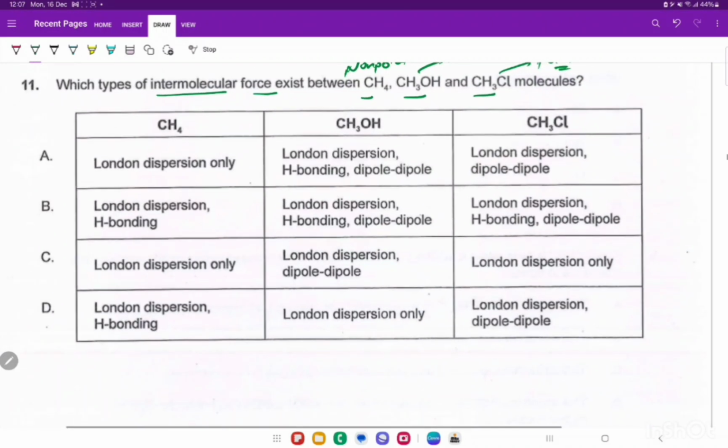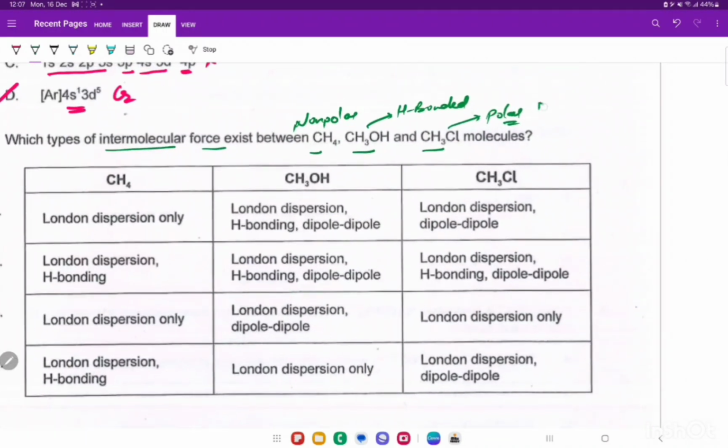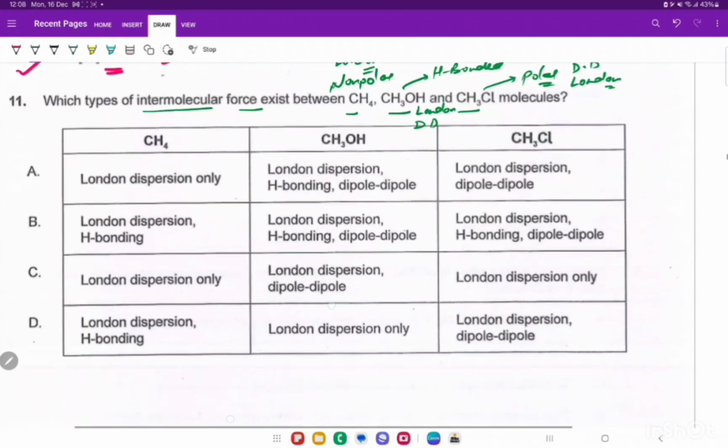A polar molecule has dipole-dipole interactions as well as London forces. Both are present in a polar molecule. A hydrogen bonded molecule has London forces, hydrogen bond, as well as dipole-dipole interaction, whereas a non-polar molecule only has London force. So these are the forces which are present.